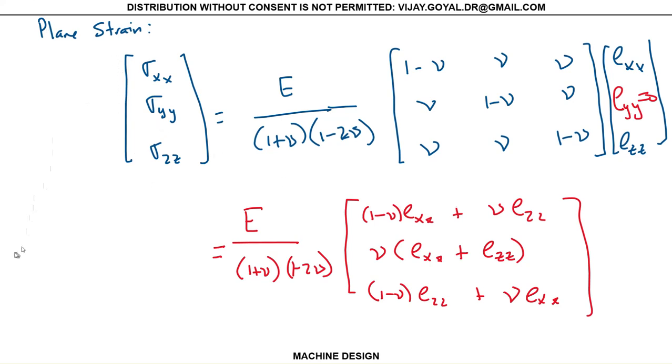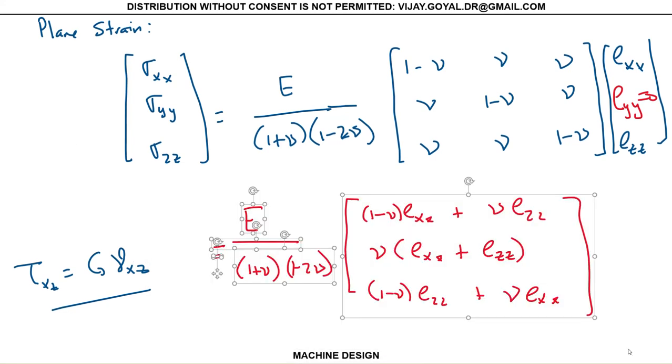And to find your shear stress xz would be nothing else than G times gamma xz, okay? So I know my G, I know my gamma, I can replace all the values in here, and I'm going to do that in the next slide.